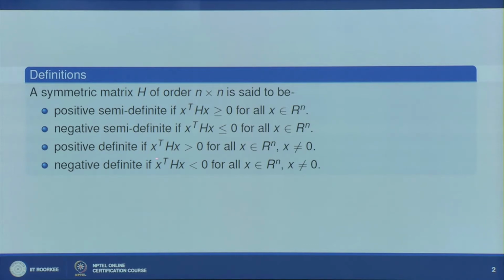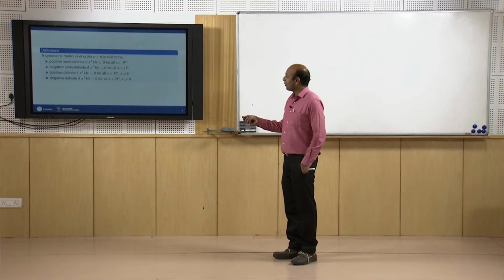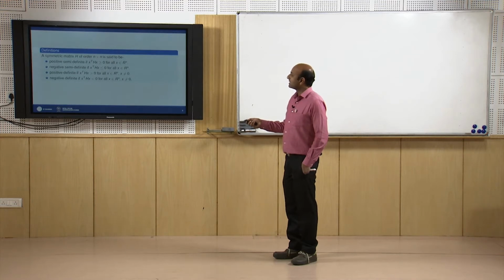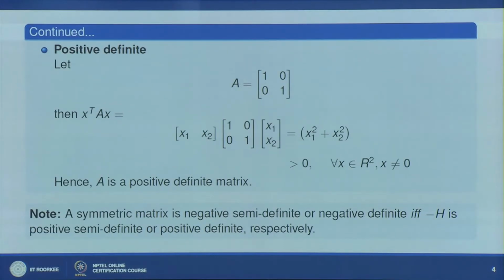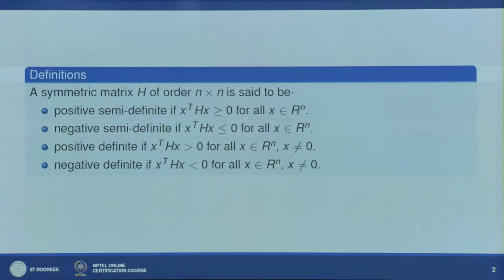Positive definite if this inequality holds as a strict inequality for all x in Rn, x not equal to 0, and it is negative definite if the inequality for negative semi-definite holds as a strict inequality for all x in Rn, x not equal to 0.